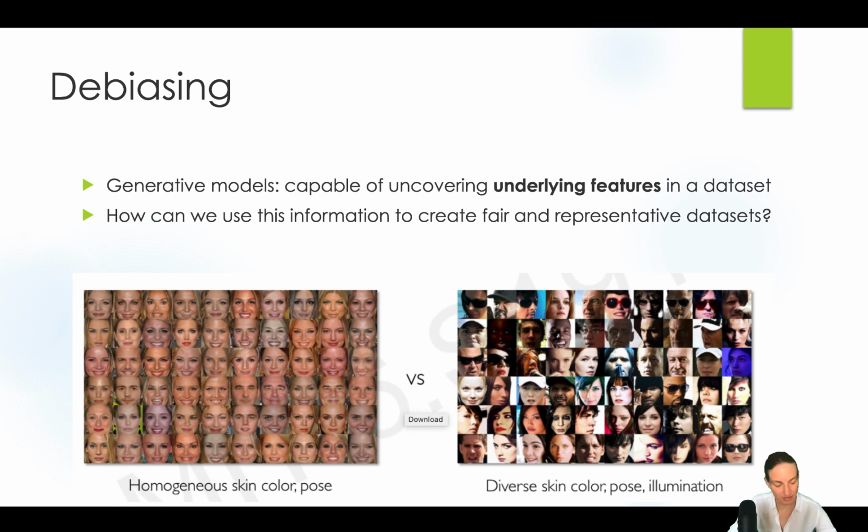Now, whenever we have a data set, we may not actually know the true distribution of features, because certain features might be overrepresented or underrepresented in our data set. Okay, so let's say we have a data set of faces. Okay. In this data set, there is a very homogeneous skin color, for instance.